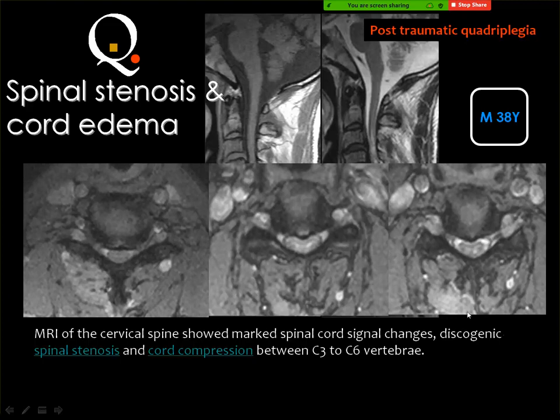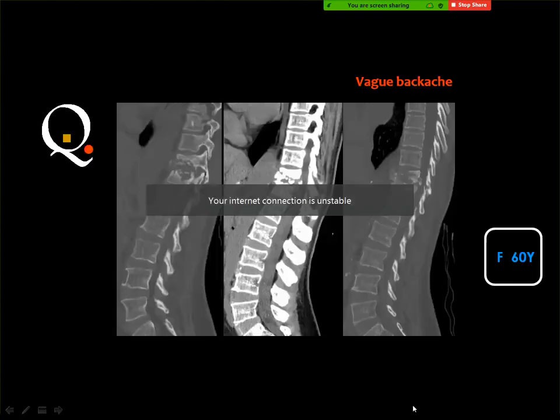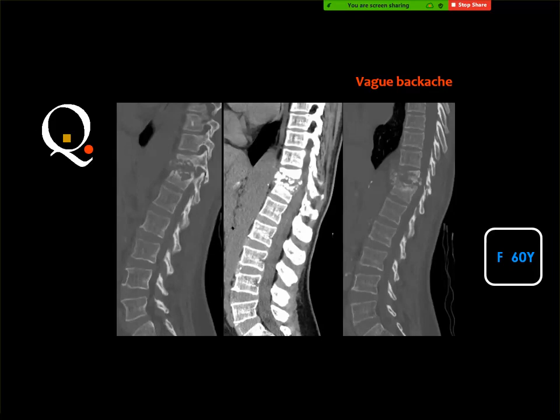Because the patient had spinal canal stenosis and was subjected to trauma, the effect on the cord was severe, and the patient developed multiple segmental areas of cord edema. Next case.